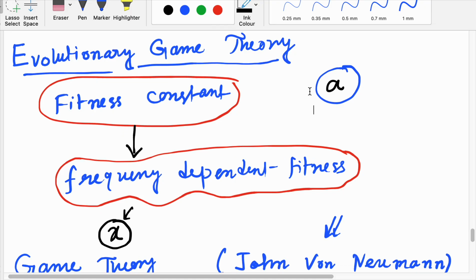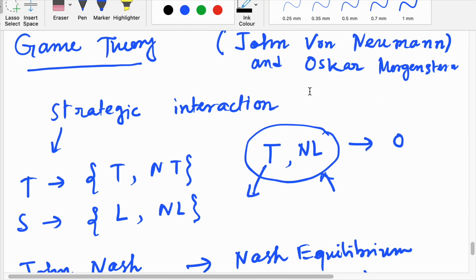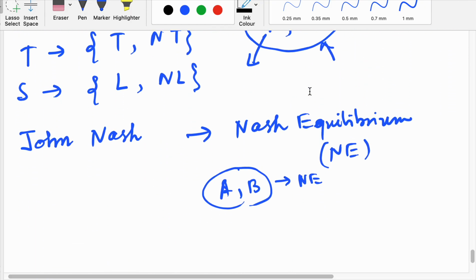So here game theory means maximizing my payoff, maximizing everyone's payoffs. And what natural selection says is that those behaviors or traits will be selected which have the highest fitness. The fittest individuals, the fittest behavior will be selected.